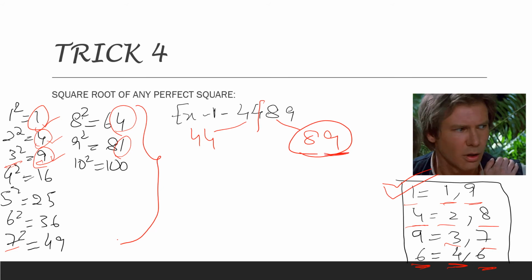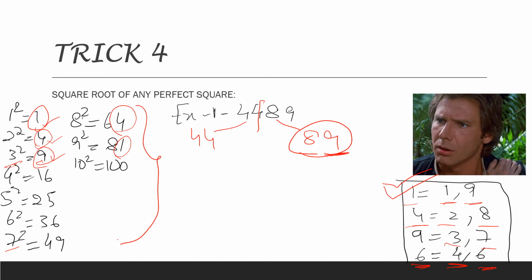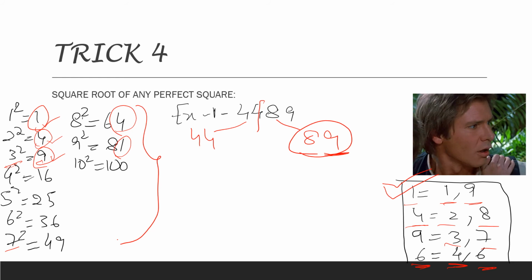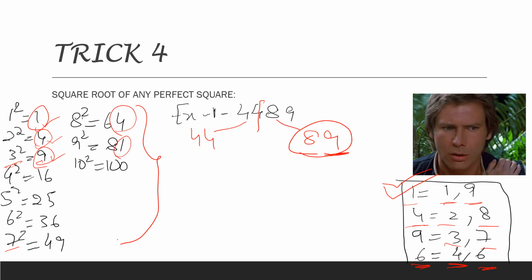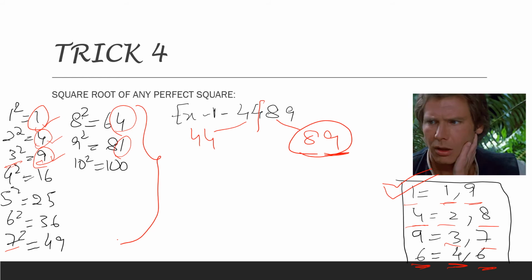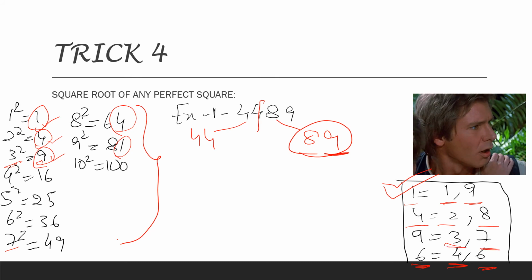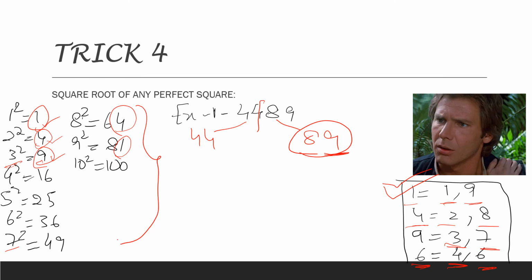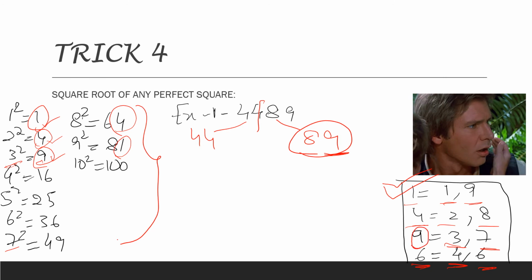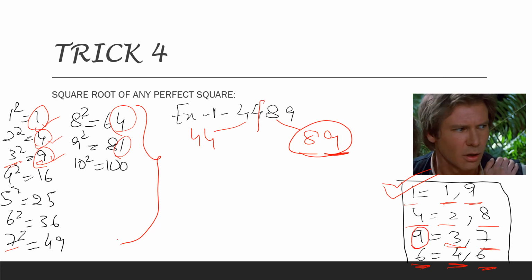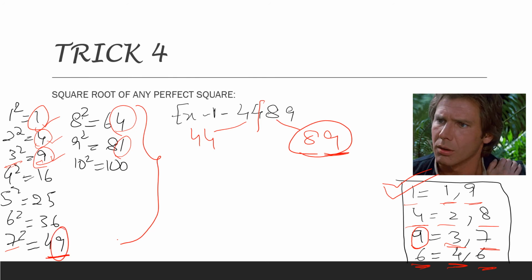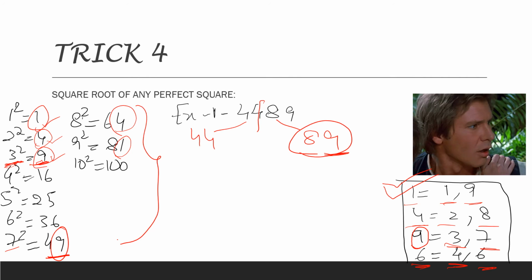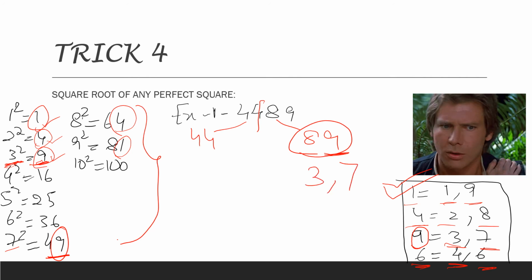Using this table we need to find which number's square might come over here. The possibilities are 3 and 7, because when 3 and 7 are squared, their units digit consists of the number 9. 7 sevens are 49 and the units digit is 9, and 3 square also has a 9. So the possibilities are 3 and 7.